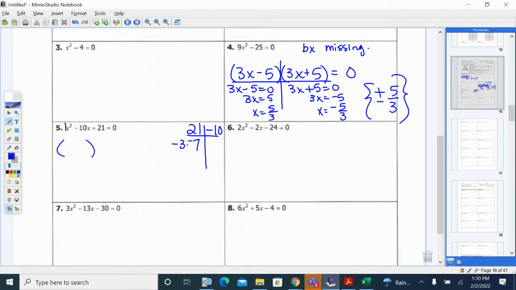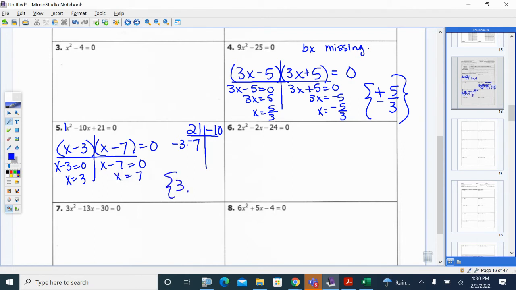So I can quickly factor this into x minus 3 and x minus 7. And then I'm going to take those two factors, set them equal to 0, and solve. So add the 3 and add the 7. So my two solutions for number 5 are 3 and 7.